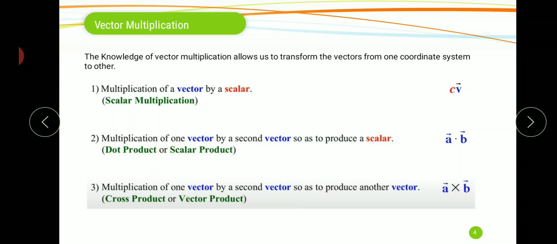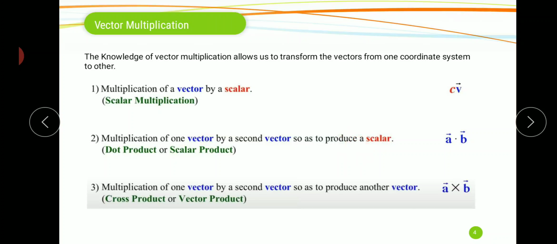By the dot product we get the answer in scalar form, that is 2 plus 2 plus 2, which is 6. So 6 is a scalar quantity. It is also a process of multiplication, but it is a dot product, also named the scalar product. So this is a simple dot product between vector and vector, and the resultant is a scalar.